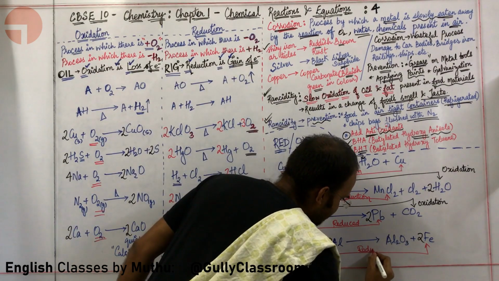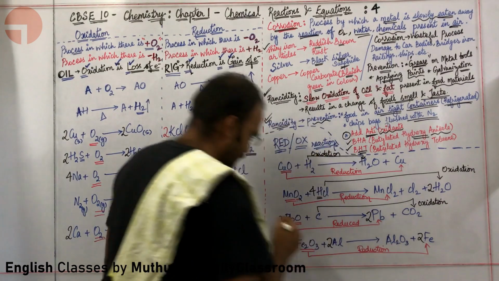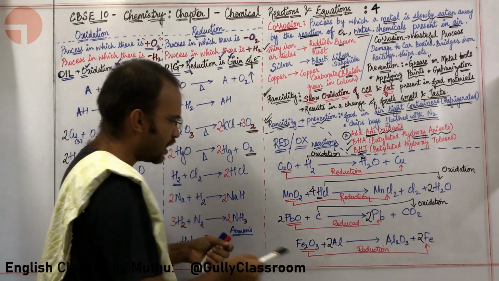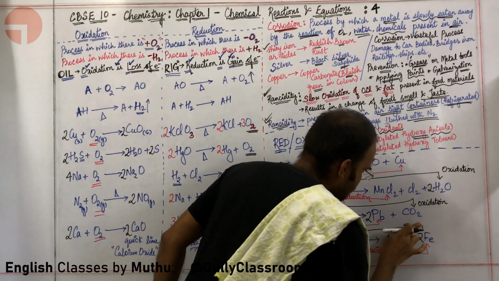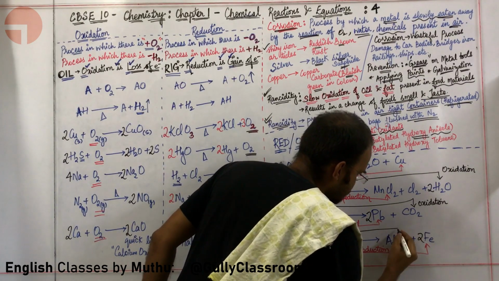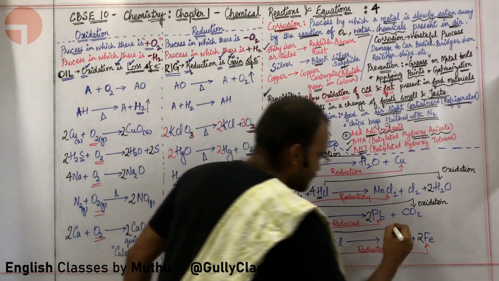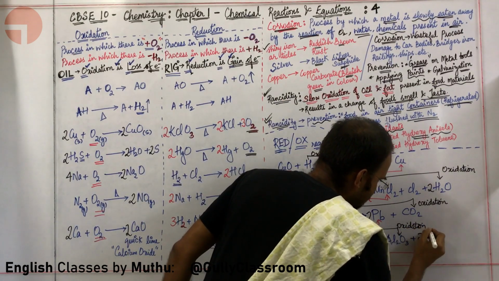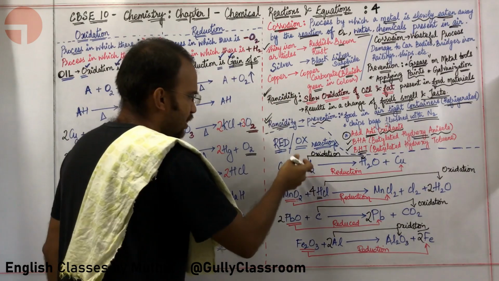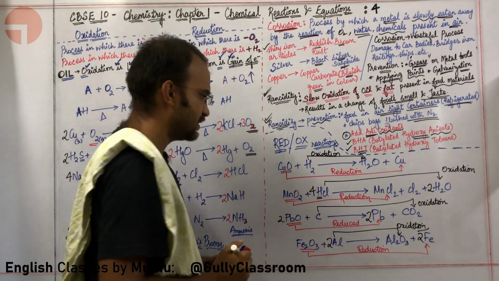Loss of oxygen is reduction, sir. Beautiful. Okay, so what about aluminium? Aluminium is gaining oxygen, sir. Because aluminium is gaining oxygen, this process is called oxidation. In these 4 examples, oxidation and reduction are happening at the same time.